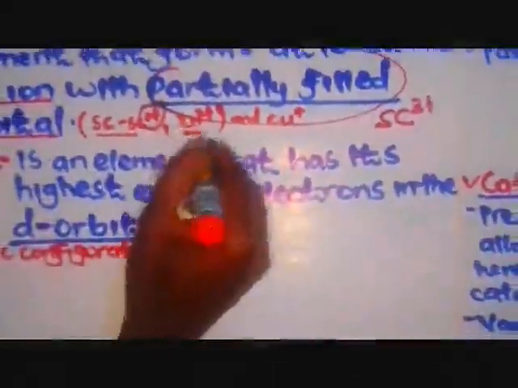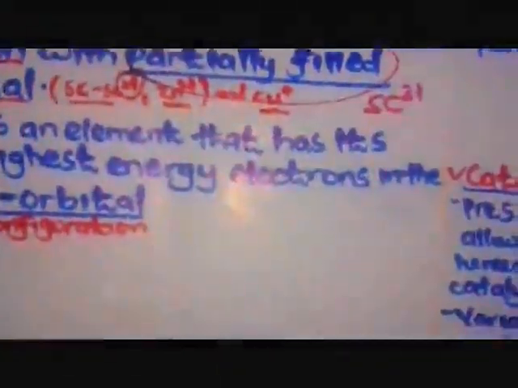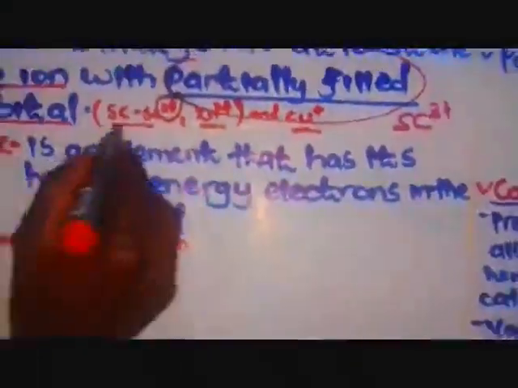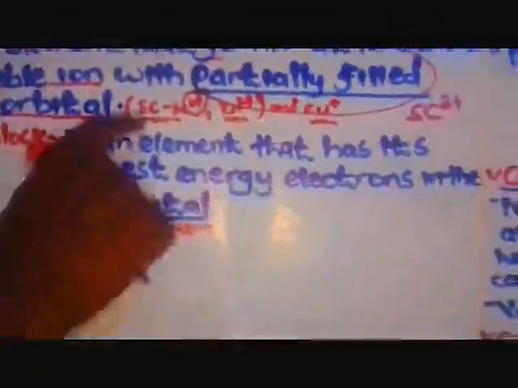The same with zinc; zinc has 3d fully filled. And the same with copper 1. So we eliminate scandium, zinc, and copper 1, as they are not true transitional elements, the reason being they form a 3d orbital which is not partially filled. Don't become confused by other definitions. The only definition should include a partially filled D orbital.